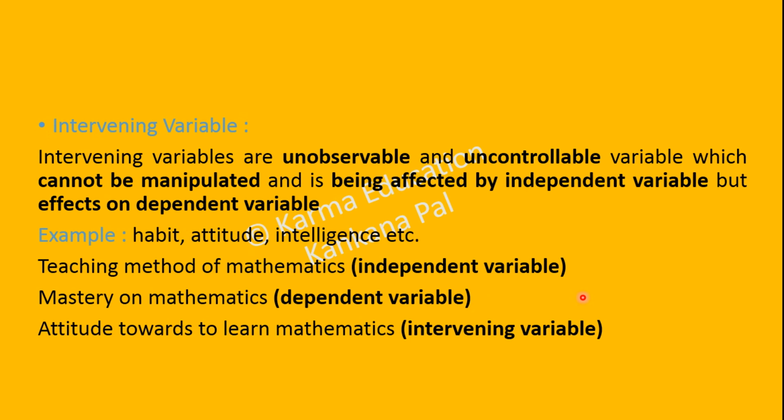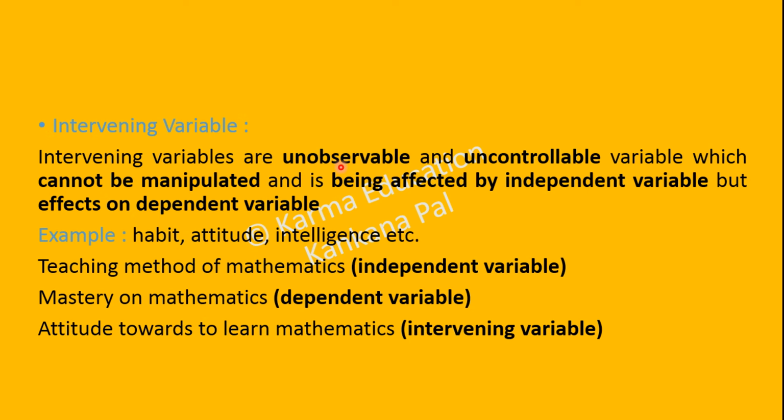Next is intervening variable. Intervening variables are unobservable and uncontrollable variables which cannot be manipulated and are affected by independent variable but affect the dependent variable. Listen carefully.